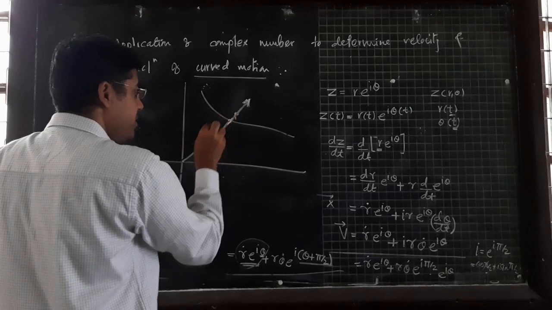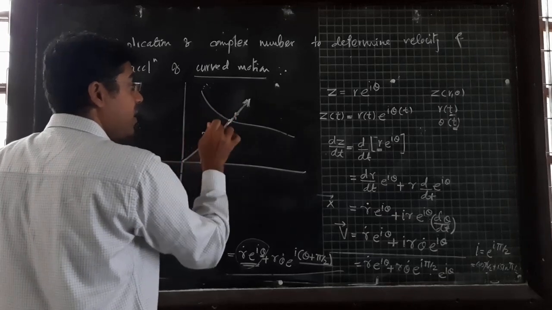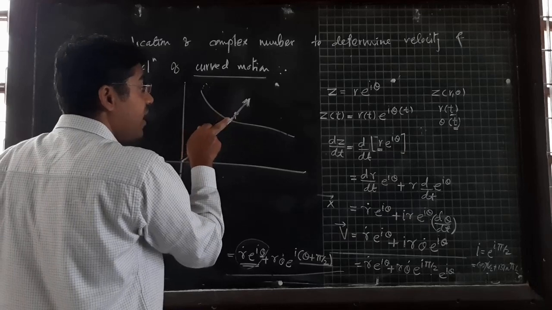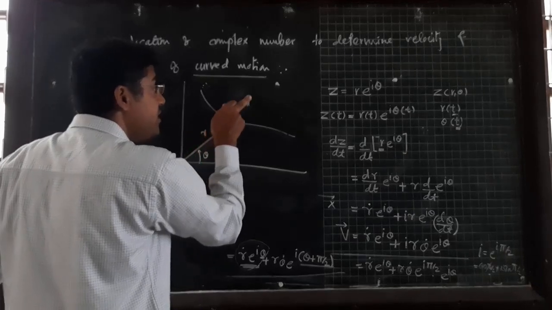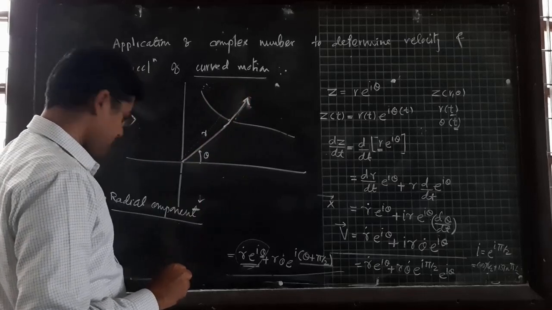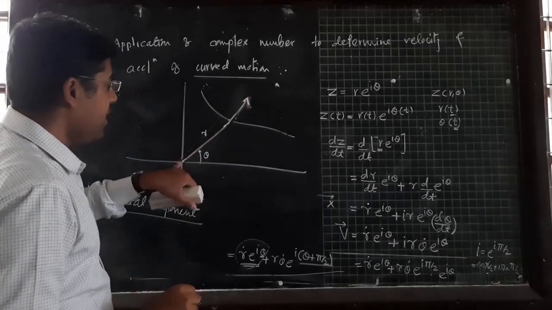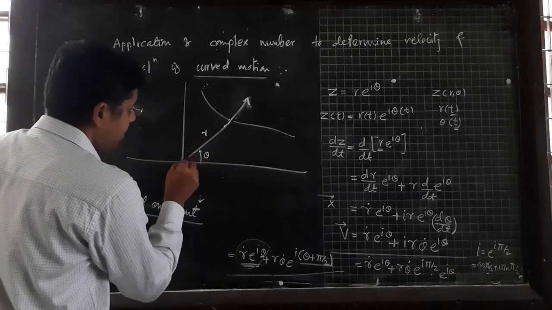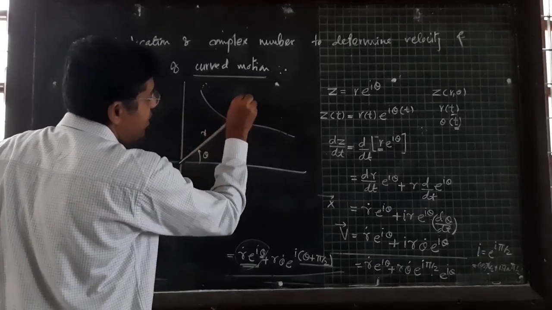Suppose my point is here, then my point is here. So r automatically increases, and r will be increased in the outward direction. Okay, so r is increasing in the outward direction along your r.